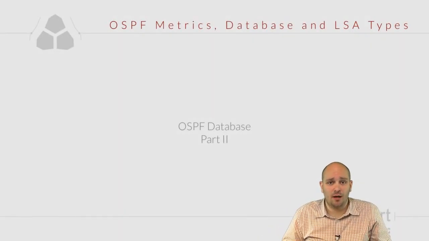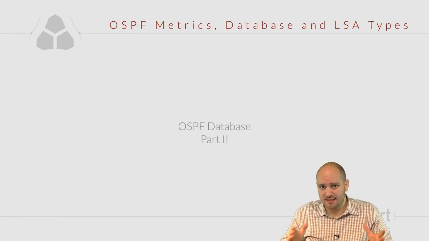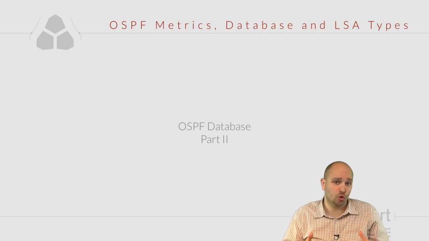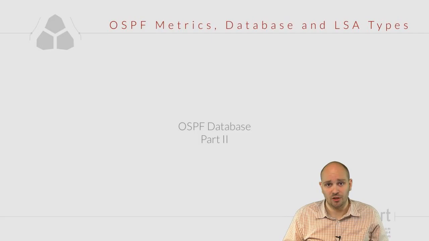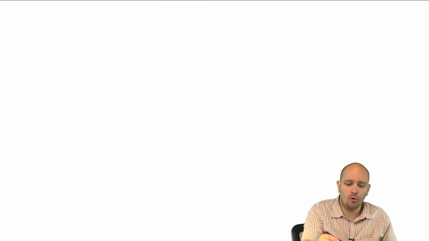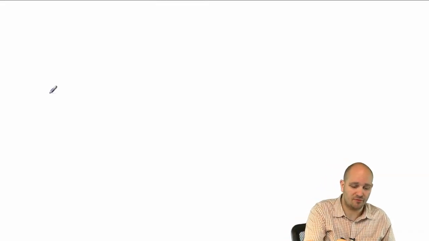The time has now come for OSPF database part 2. In this section, we are actually going to take a look at the database of running OSPF configuration. If you remember, we already have some OSPF configured.